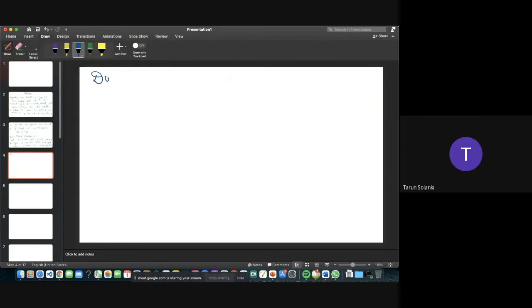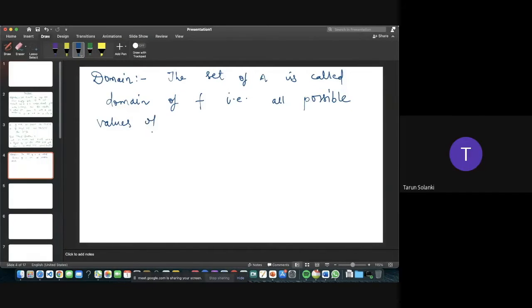Next is domain. The set A is called the domain of f, that is, all possible values of x for which f(x) exists, and we denote this by D of f.